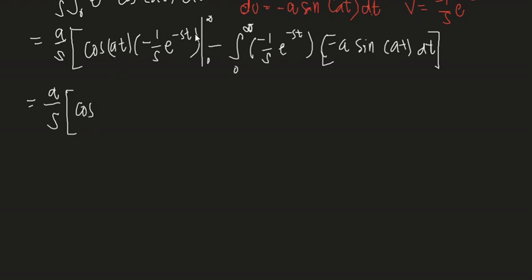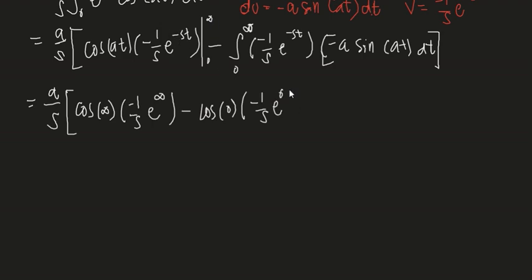So a by infinity will be equal to negative s multiplied by infinity will be equal to, will have cosine a multiplied by 0 will be equal to 0. Then we have negative 1 all over s e raised to negative s multiplied by 0 will be equal to 0.